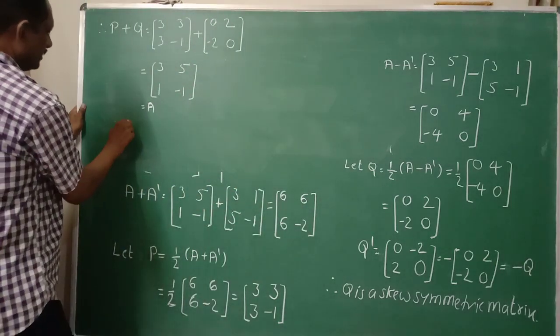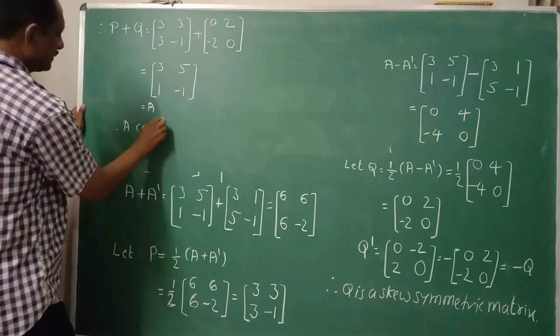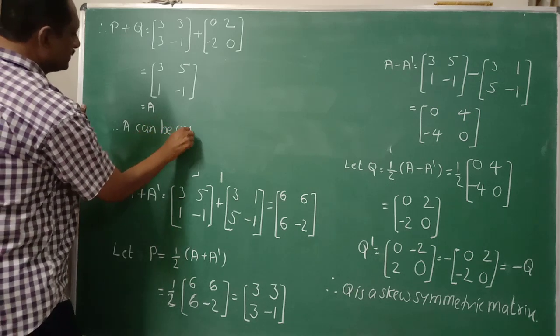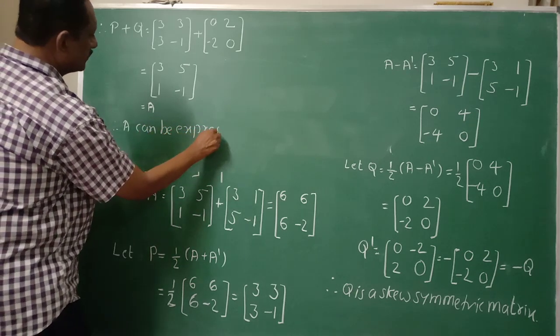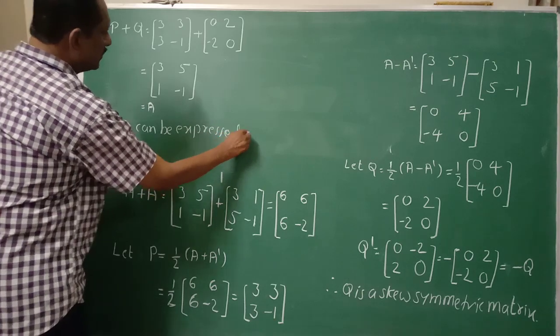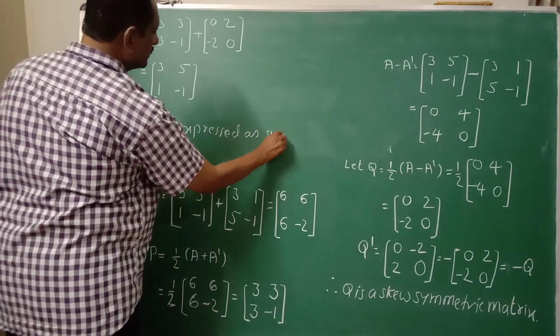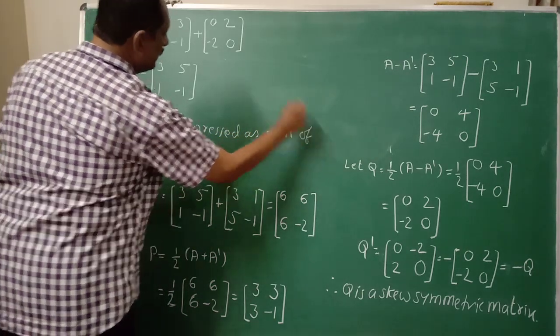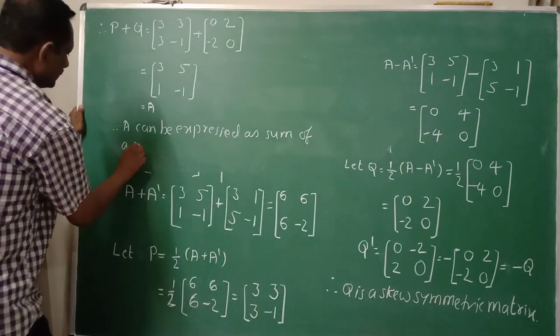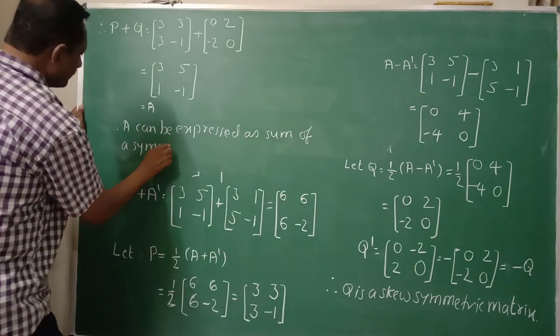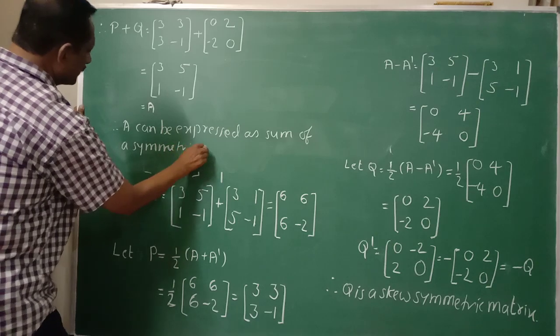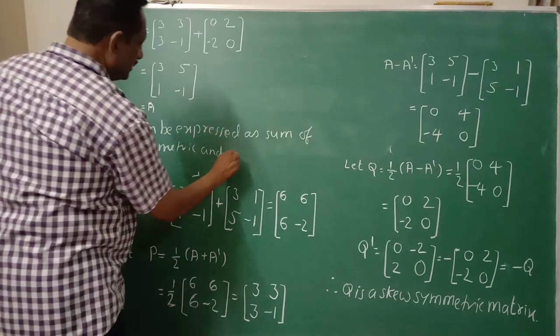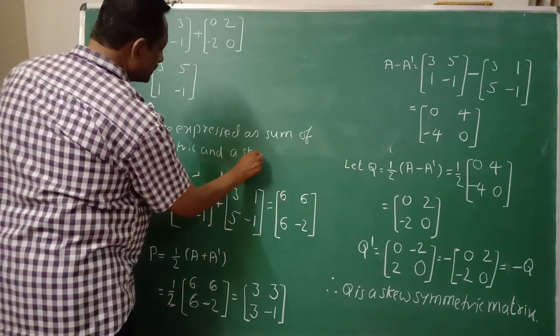Therefore A can be expressed as a sum of a symmetric and a skew symmetric matrix.